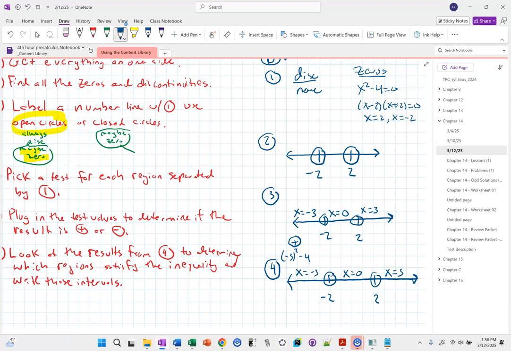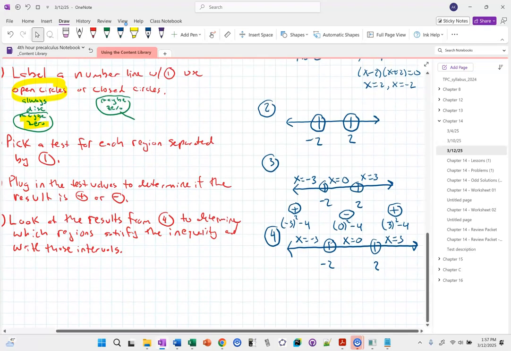I don't care what the number exactly is. I just care about the sign of it. If I plug 0 in, I get 0 squared minus 4. Well, that's a negative value. If I plug positive 3 in, that's again 9 minus 4. That's a positive value. Everybody okay with what I did with those test values?